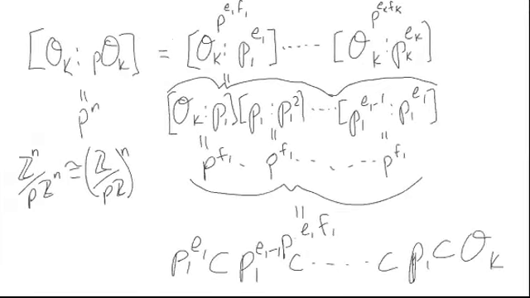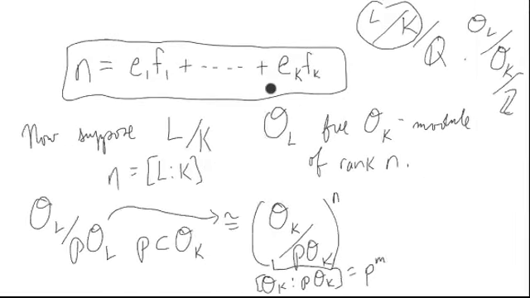Now over here, the N that I have is going to be the degree of this extension L over K, thinking of L as a K vector space, if you will, and looking at that dimension.